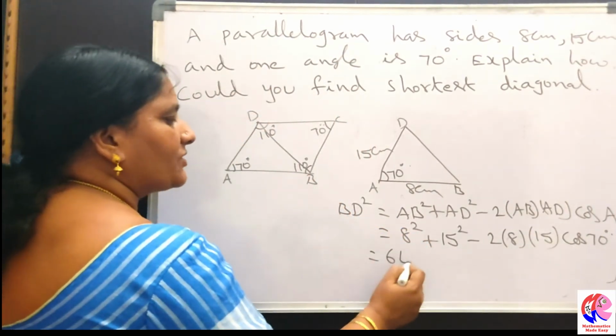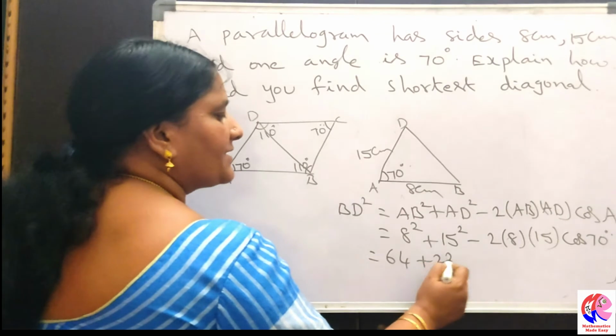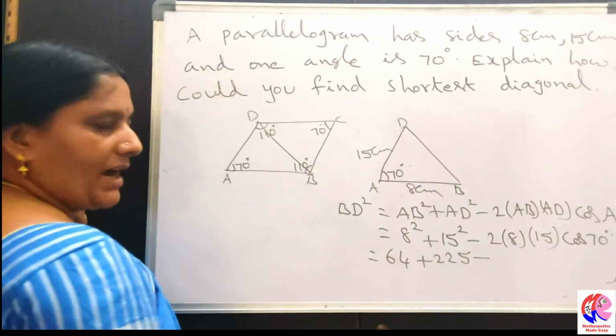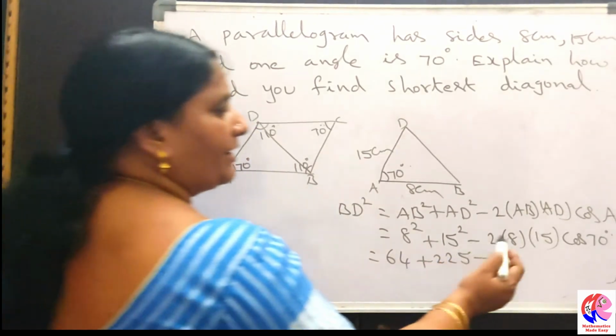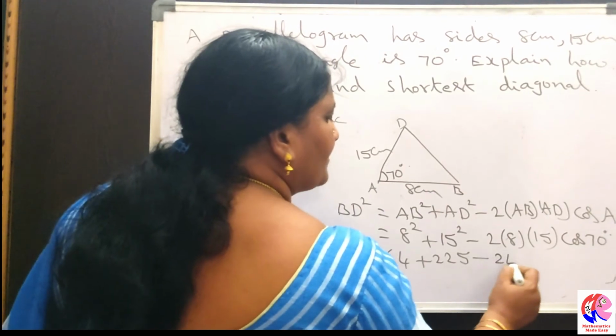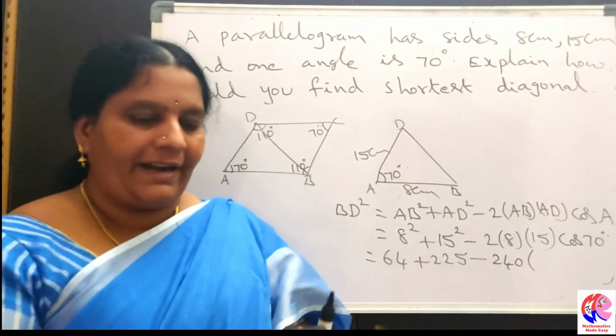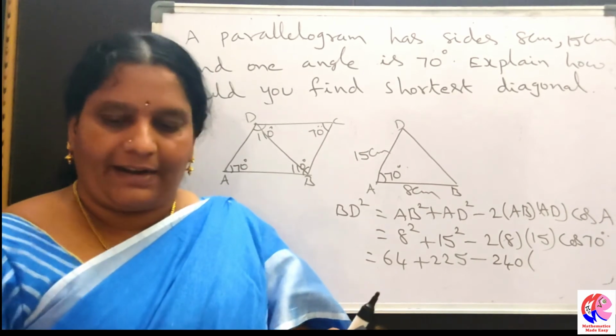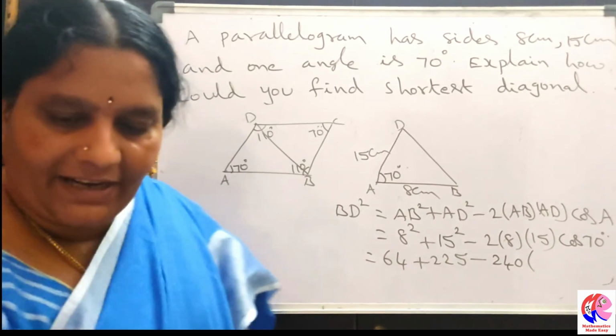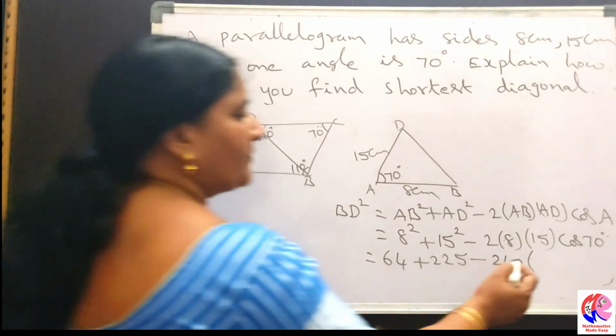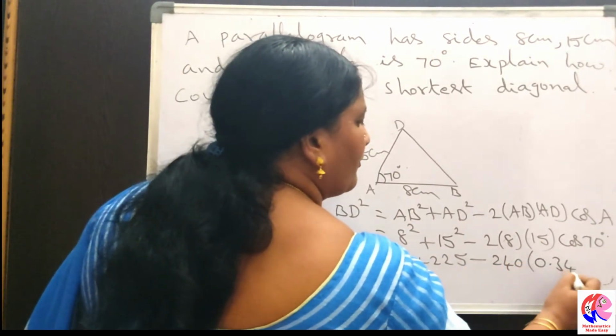Now it is 64 plus 225 minus 2 into 8 into 15. This becomes 240 into cos 70 degrees, which we can find by using the calculator. So cos 70 degrees is equal to 0.34.